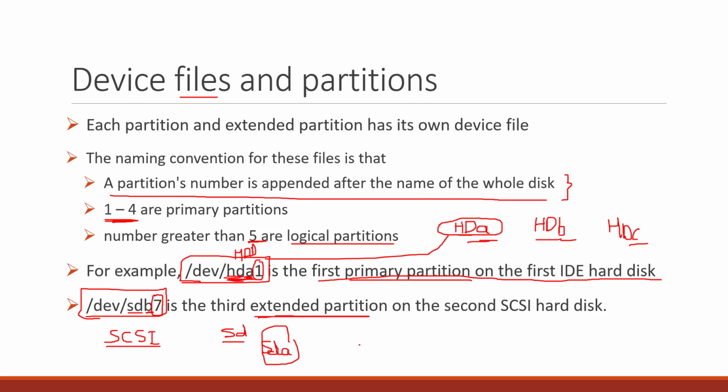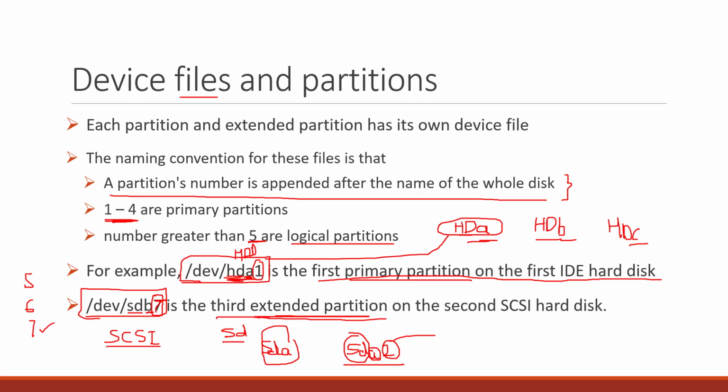Because if it was SDA2, for example, then this is our SCSI hard drive, this is our first hard drive, and this is our primary partition, right? From here we can tell that since this is 7, which is definitely not between 1 and 4, this is our third extended partition. How do I know it's the third extended partition? Because it's 7. So after 4 we have 5, 6 and 7.